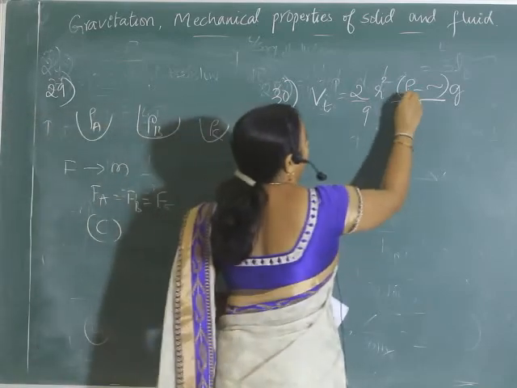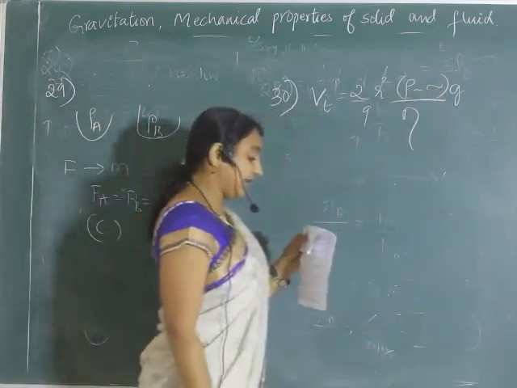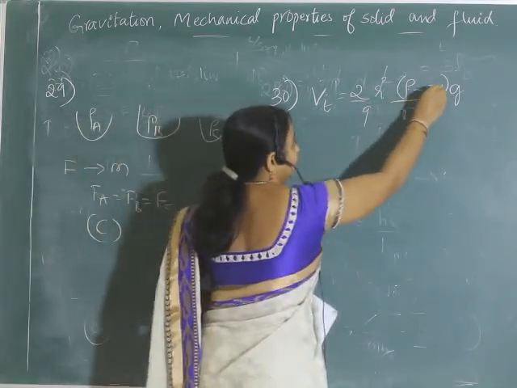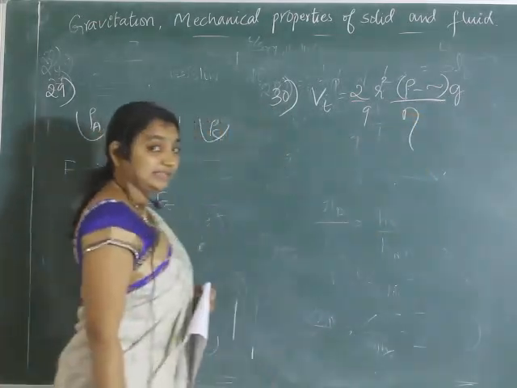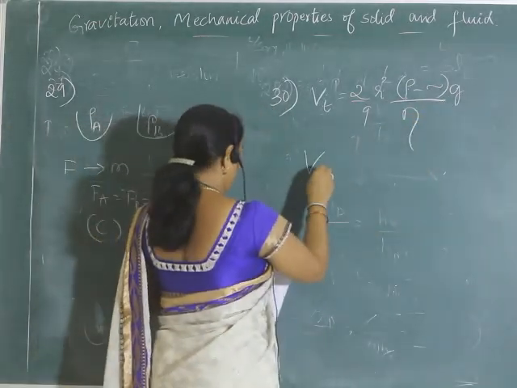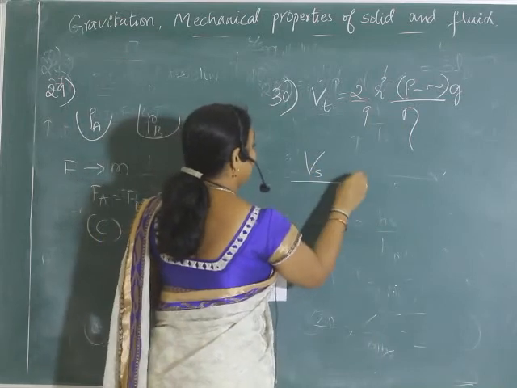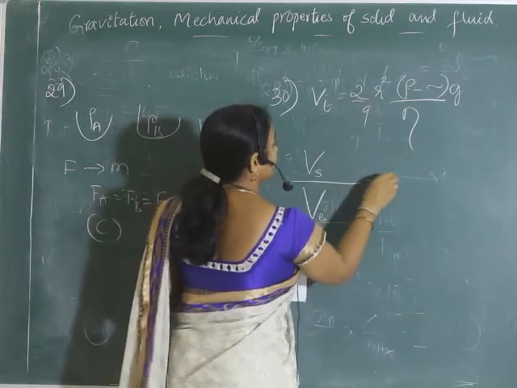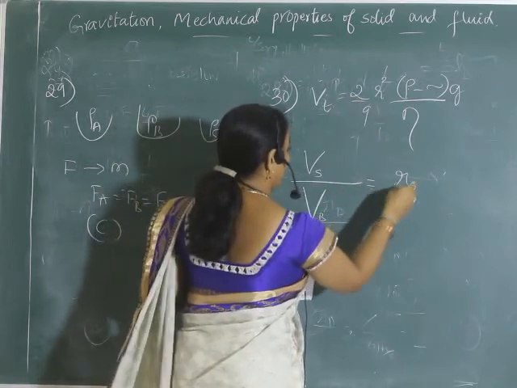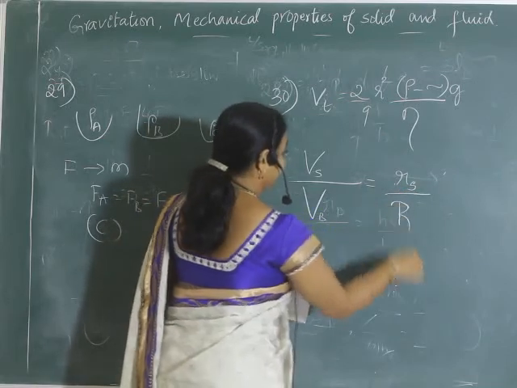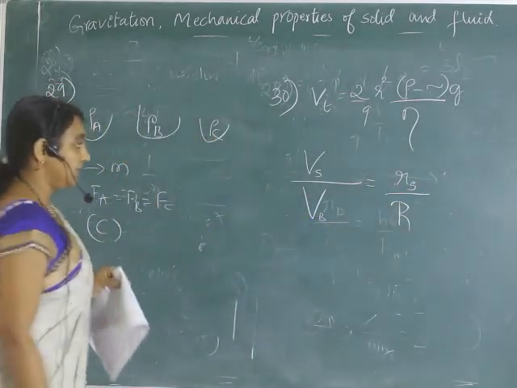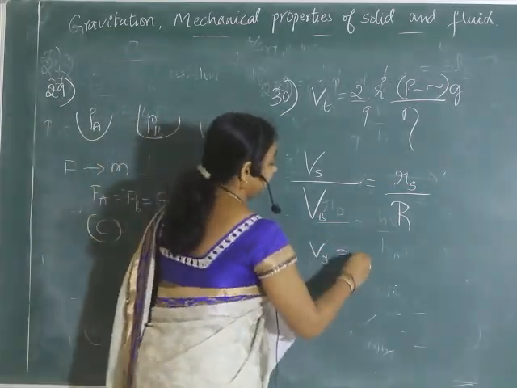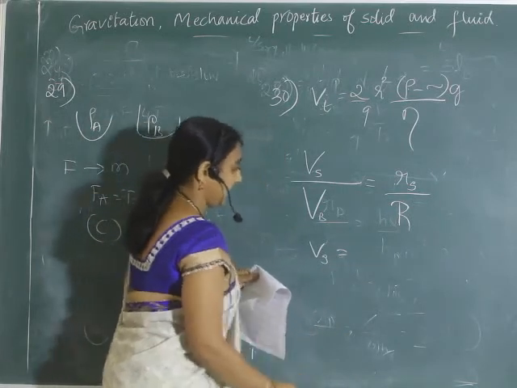See, drops are of the same material, so same rho and sigma, g, eta, everything is constant. So V of the small drop divided by V of the bigger drop is equal to r square of the small drop by R square of the bigger drop, correct?